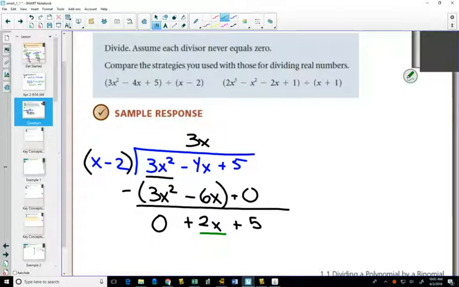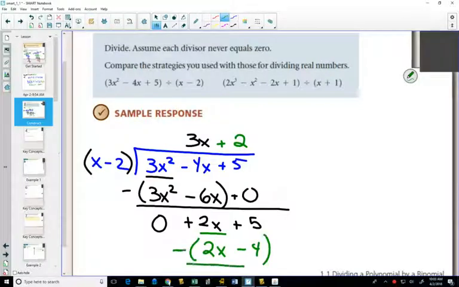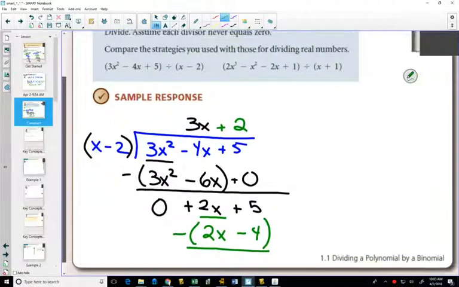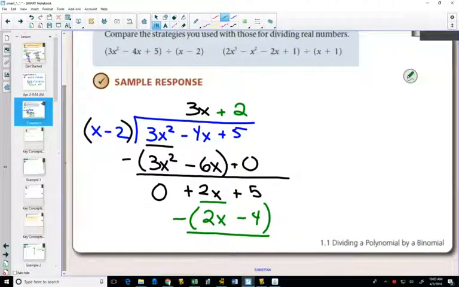And so now you'd write that plus 2 above your 1's column, because you're just writing a constant. And 2 times x minus 2 would be 2x minus 4. Again, we're going to put it in brackets, and we're going to subtract. Well, this is going to be 0, and 5 minus a negative 4 is plus 9.